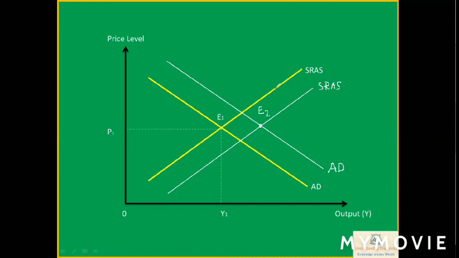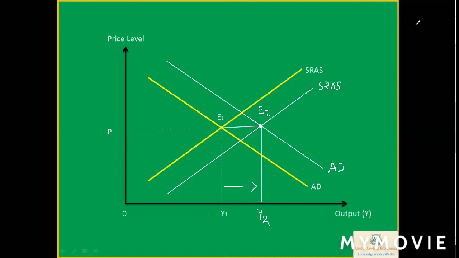So at the new equilibrium point, the price level remains the same. However, we can see that the output has gone up. So this is our new equilibrium level of output, and the price remained unchanged at the previous equilibrium price level.